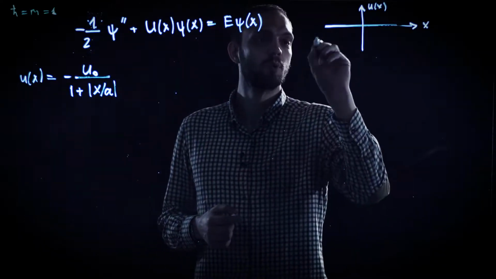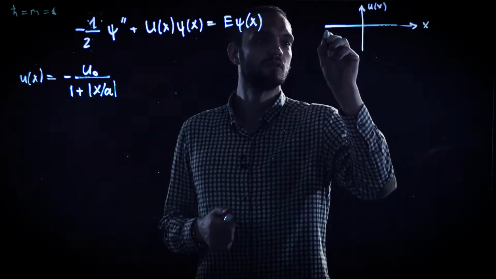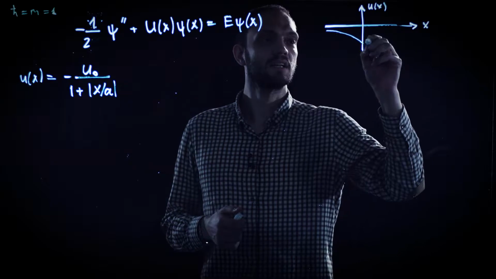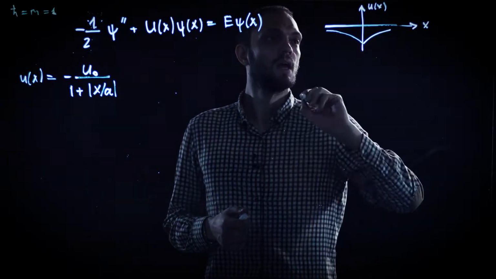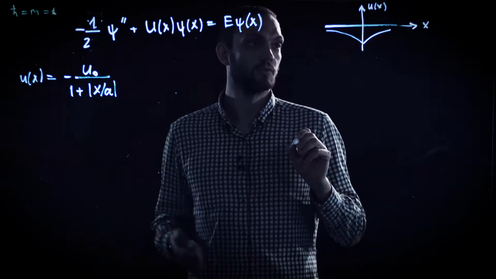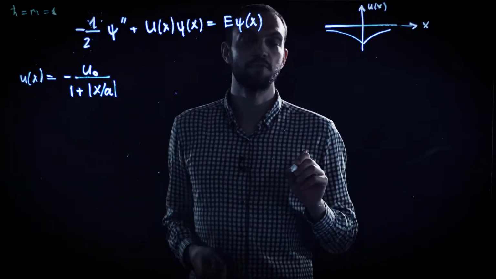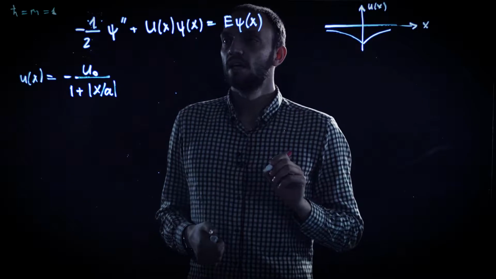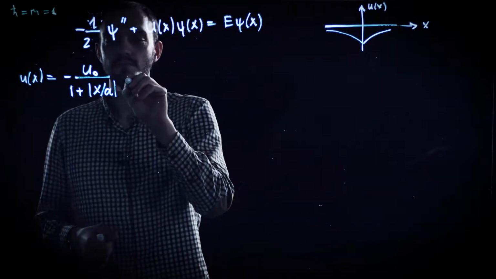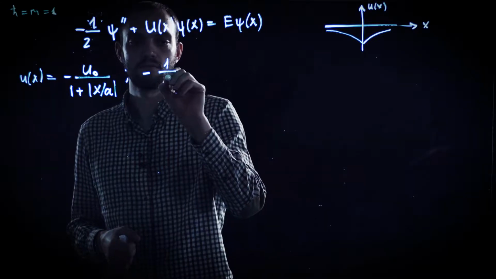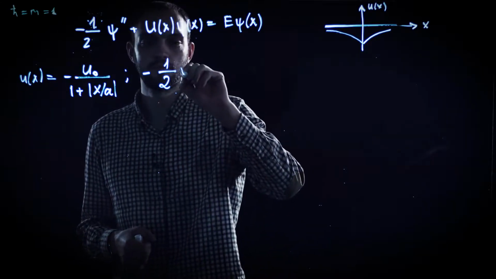So this is a potential well which has a certain cusp at x equal to 0. What is actually even more important is that it's a quite slowly decaying function of coordinate. So let us rewrite this equation in the following form.